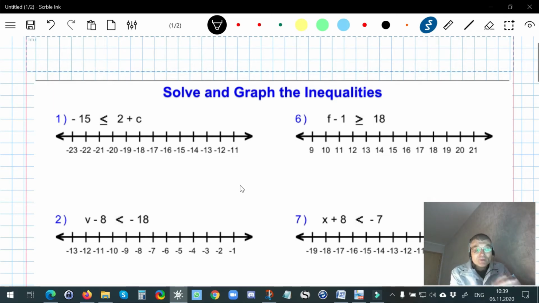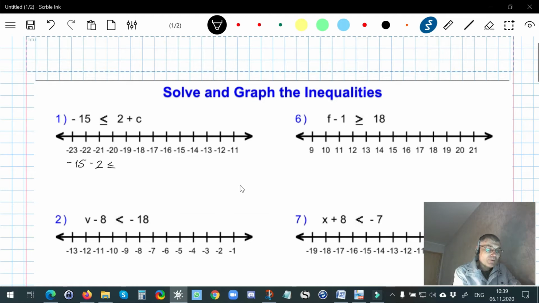If we subtract the same from both sides, we also get an equivalent inequality. It's not the same, of course, it's equivalent. So what we do first, we isolate this c, and to do that we just subtract 2 from both sides.